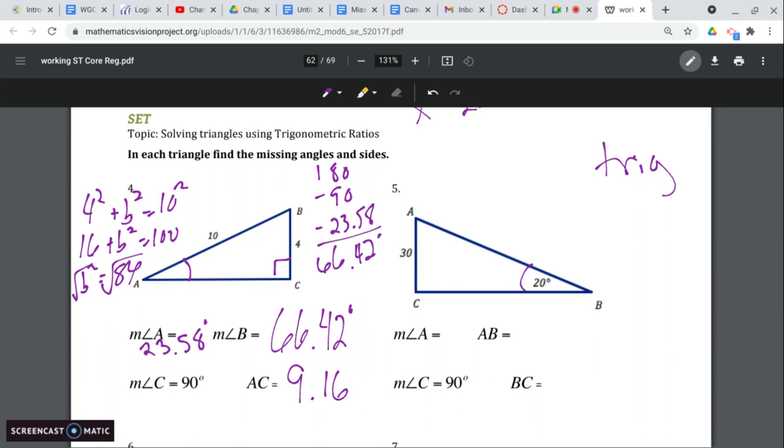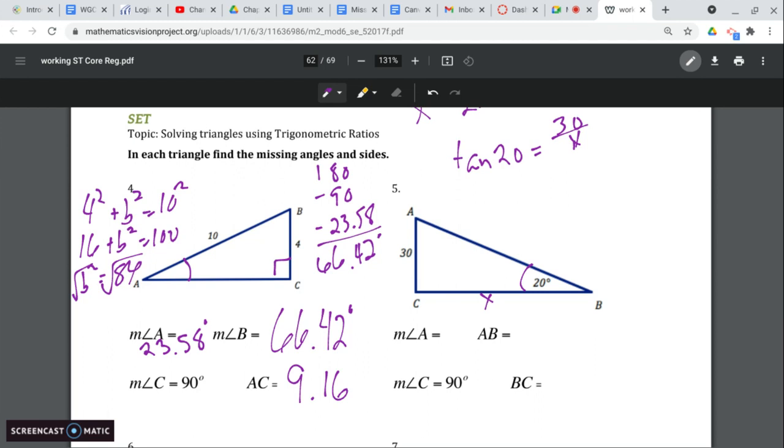We would have opposite over adjacent, so it'd be a tangent. So we'd have tangent 20 equals, let me erase this trig here. Tangent 20 equals opposite 30 over x, because we don't know what that side is.